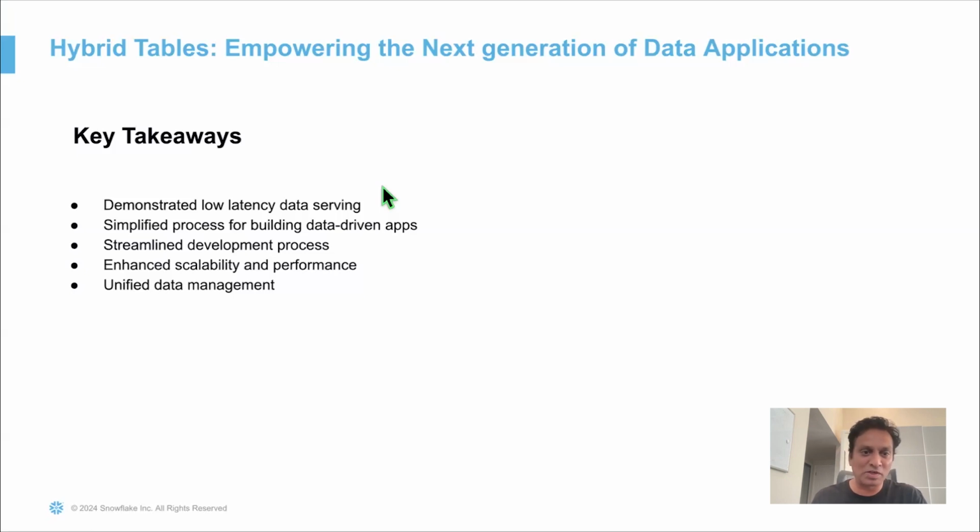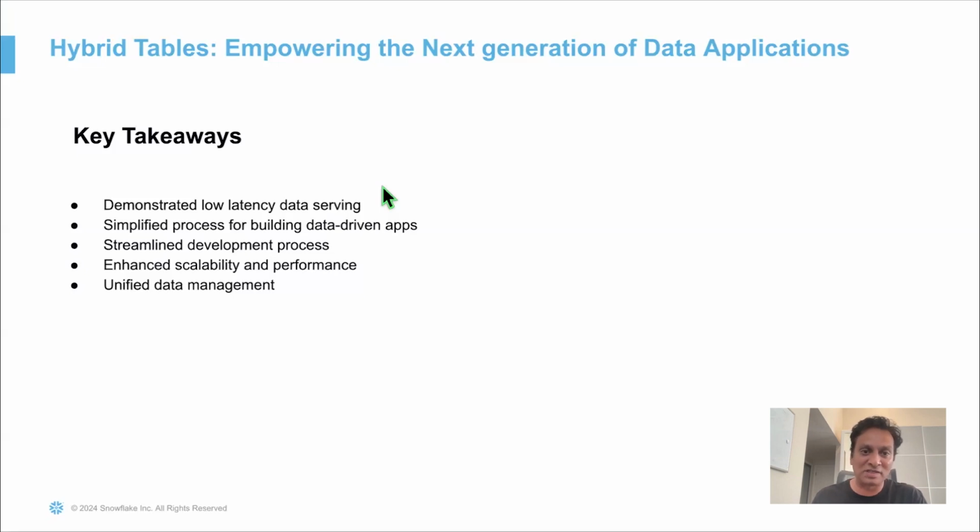On scalability, I demonstrated 200 queries per second today, but you can linearly scale out by having a multi-cluster warehouse to address these scalability requirements. And I have demonstrated performance P99 around 39 milliseconds.